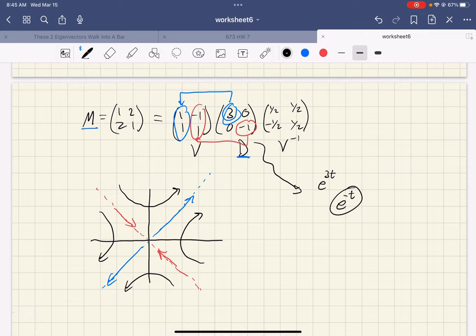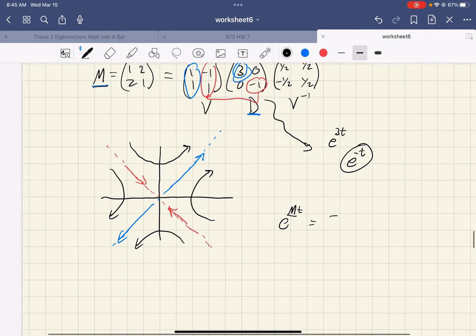I'm going to jump ahead a little bit of where the course is going, but just to give you all an idea of what to have in your head during class and stuff. So let's talk about e to the Mt, where this M is this matrix M. And it's defined the exact same way, okay? This infinite sum, M to the power n, t to the n.